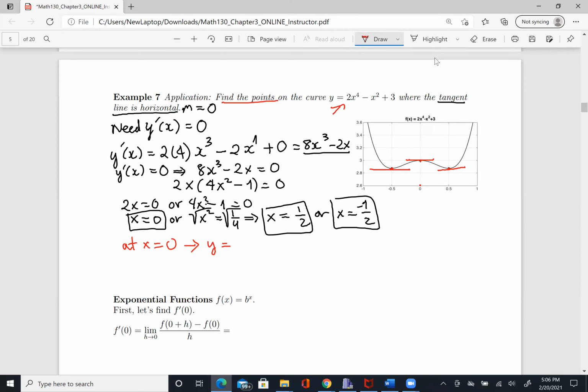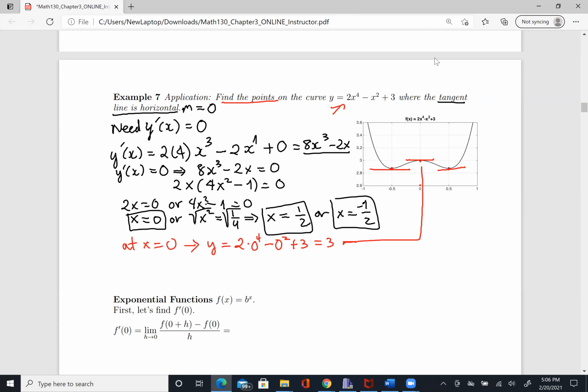I take 2 times 0 to the power 4 minus 0 to the power 2 plus 3, and I will have y equals 3. So then I would say this one over here is the point 0, 3.